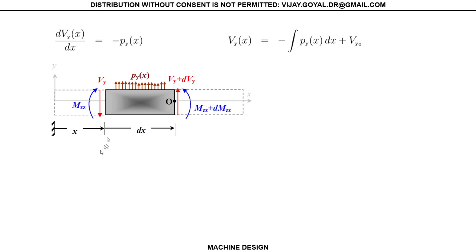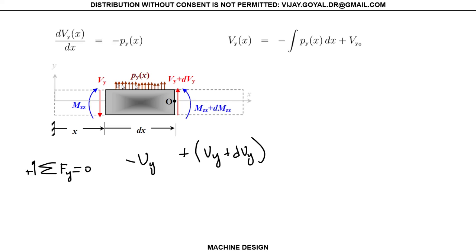It's very simple. If I take a summation in y, taking y positive here, that's equal to 0. And I say minus vy on this side, and on this side, I have plus vy plus dvy. And then my total load acting in the middle will be plus py times d of x.